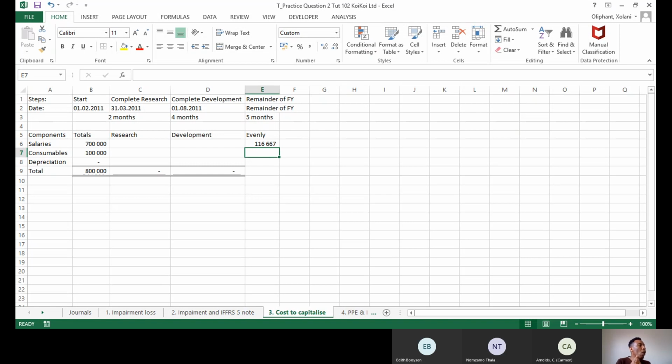It says the following costs directly relate to the patent. So these costs are not relating to anything else, but they relate to the patent, and it goes on to say research and development. Now, how long did we do the research and development for this project?